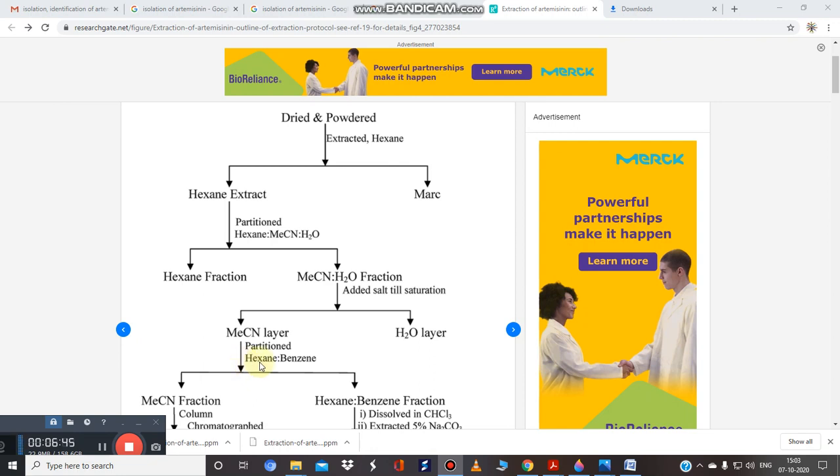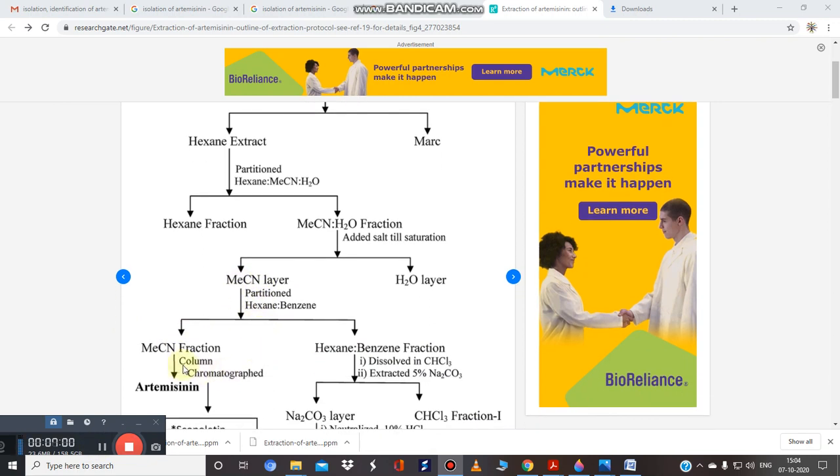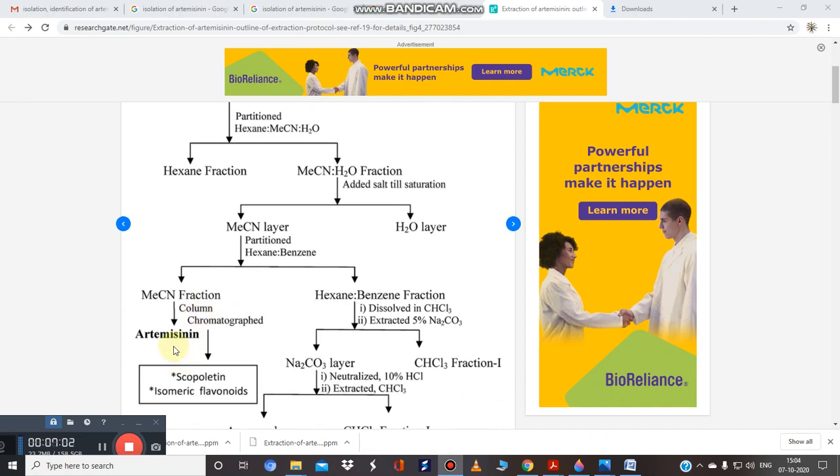After that, we will select the MeCN fraction only, and we will not use the hexane benzene fraction. We will only work upon MeCN, the methyl cyanide fraction. And after the column chromatography, we will obtain our artemisinin.